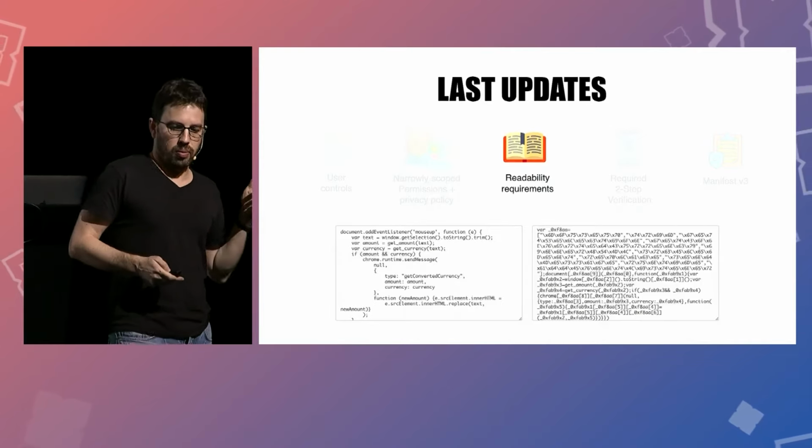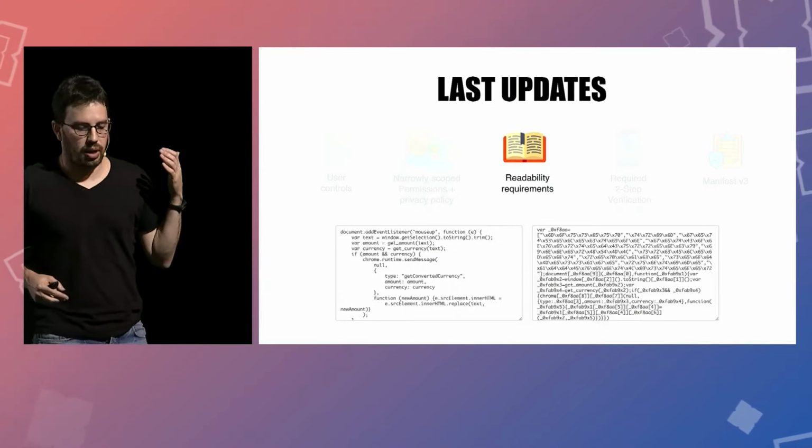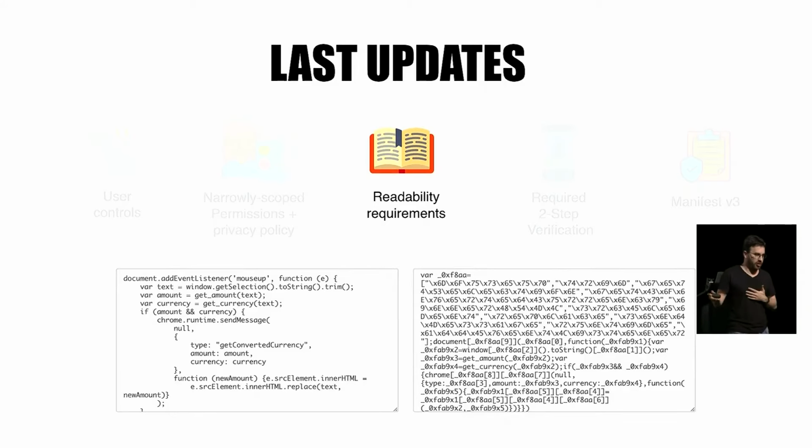They also restricted any use of obfuscation, as we saw before. So you can't use obfuscation anymore. You can still use minification or things that make your code more efficient, but nothing that deliberately makes your code unreadable.